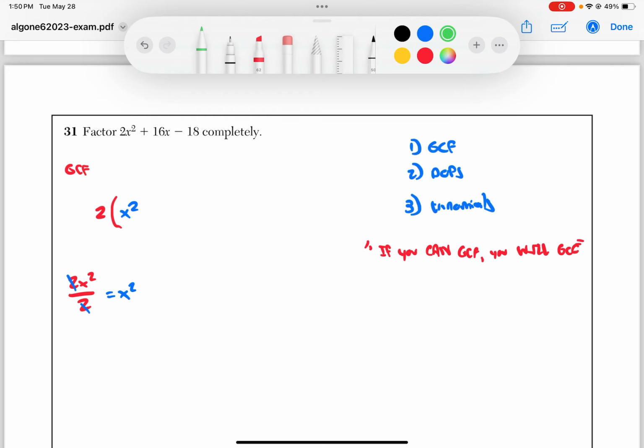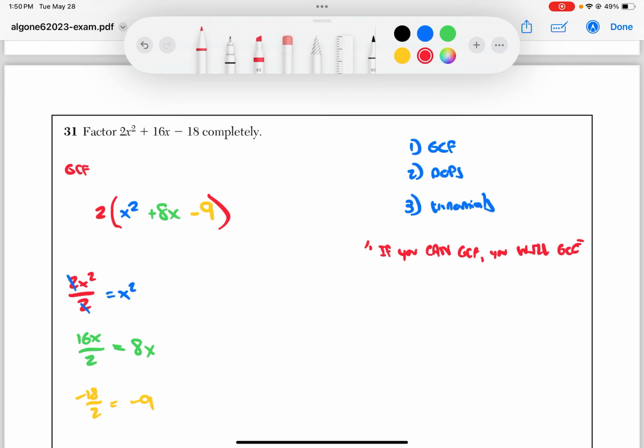We got 16x divided by 2, which is 8, and we're going to slap that x back there, plus 8x. Then lastly, we have negative 18 divided by 2, which is negative 9, so that will go there. Maybe the color coding will help you out a little bit. So we factored out a 2.